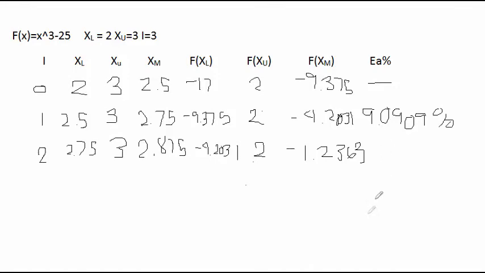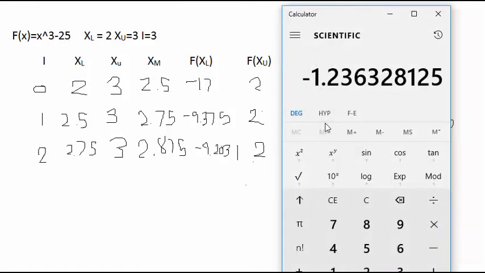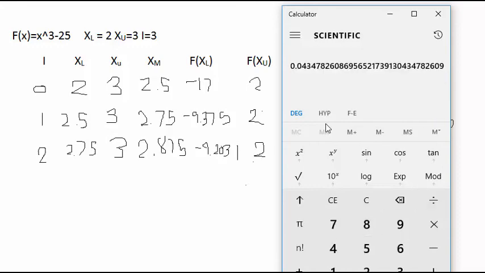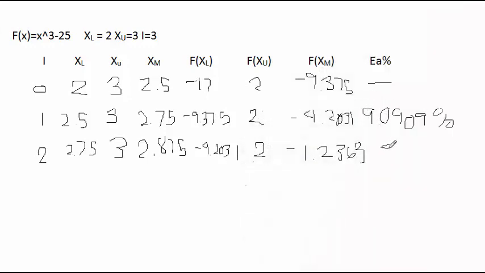The present value, which is 2.875, minus the previous value, 2.75, divided by the present value, 2.875, times 100. We now get the new approximate error, which is 4.488%. That is how we calculate the root using the bisection method.